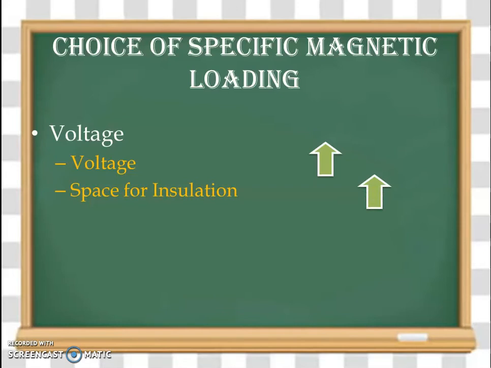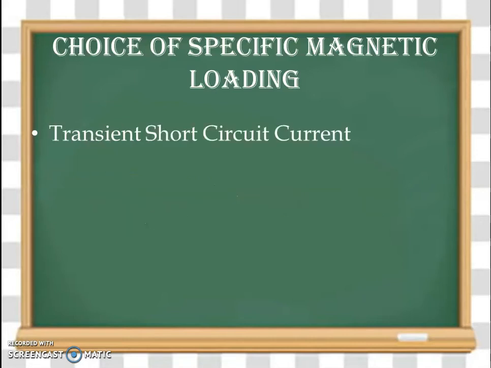If insulation occupies more space, then the space for the iron or space for teeth will reduce. And if less space is available for the iron parts, then we cannot design that machine with a higher magnetic loading. So when the machine is of higher voltage, it is recommended that we go for a small value of specific magnetic loading.